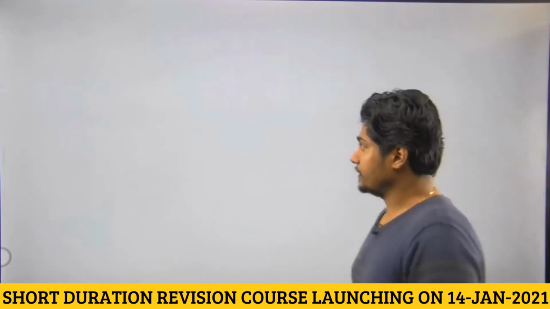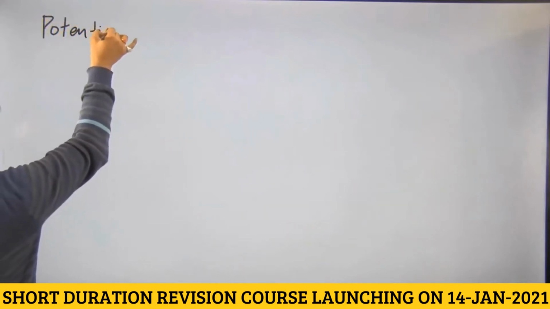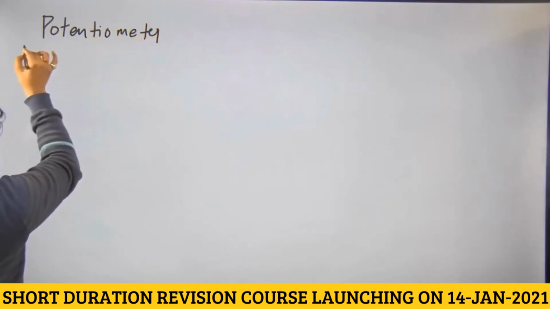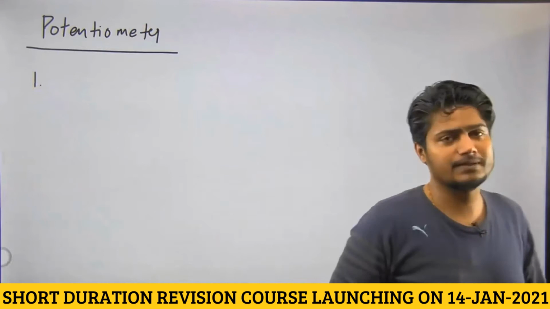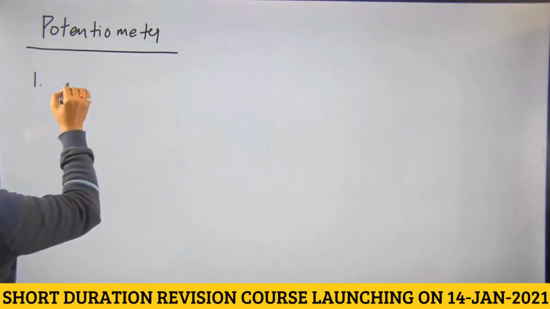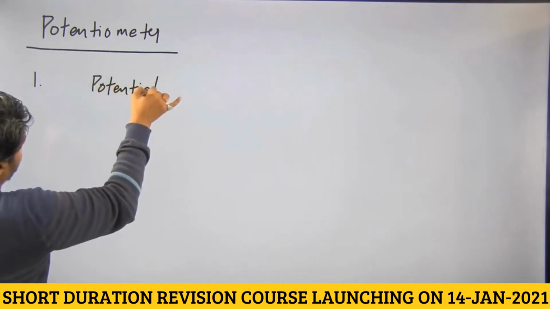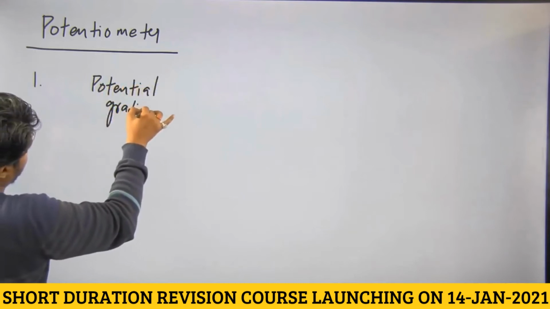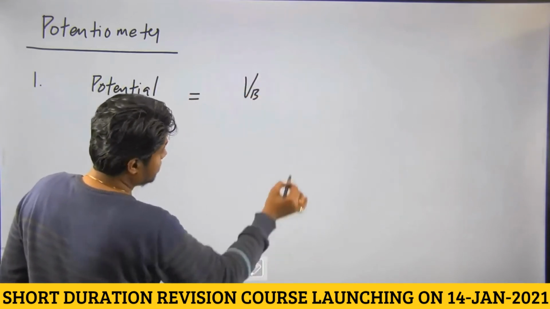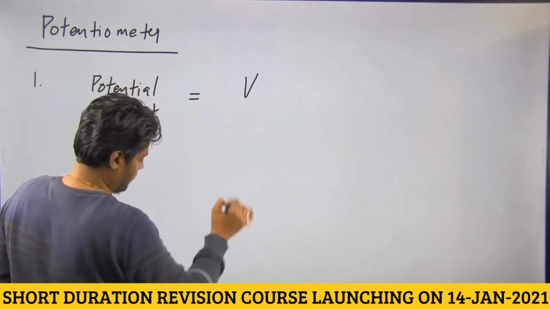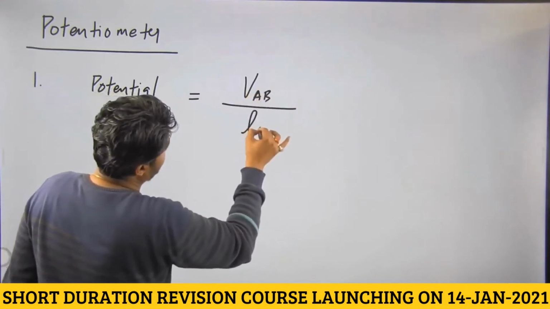Now, let us go to potentiometer. So, basically potentiometer works on the balancing principle, that is, we define the term potential gradient as potential difference across the potentiometer wire V_AB upon length of the wire L_AB.